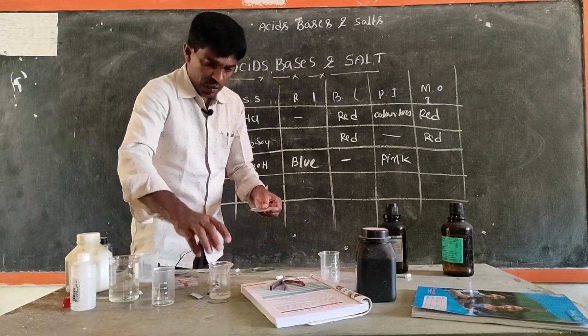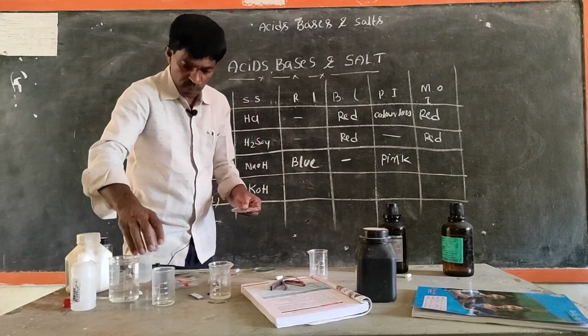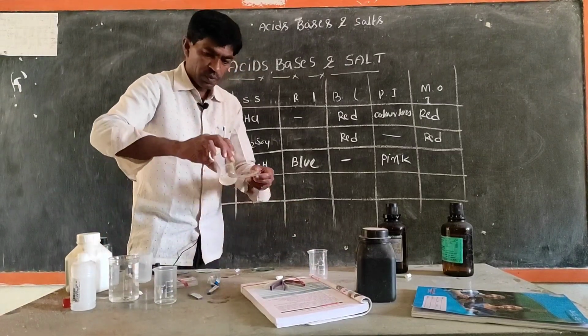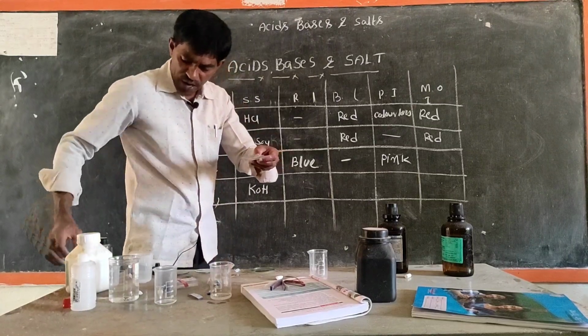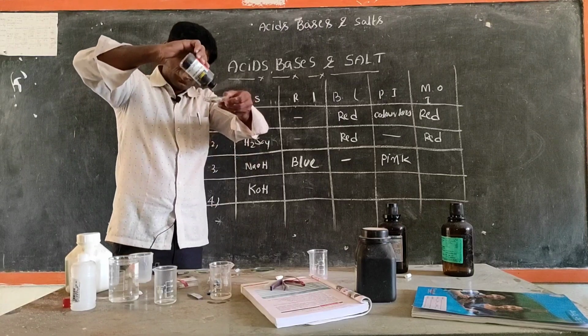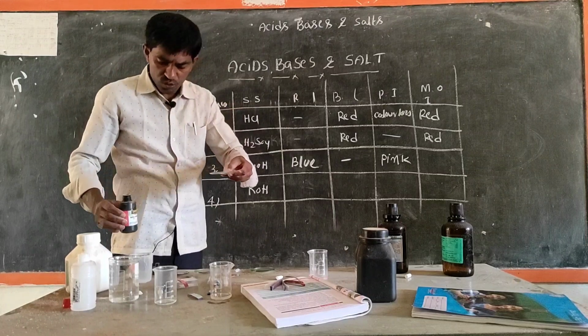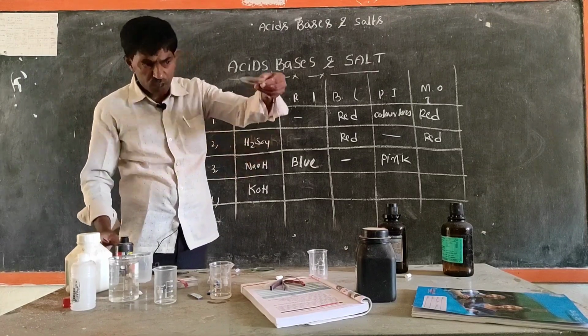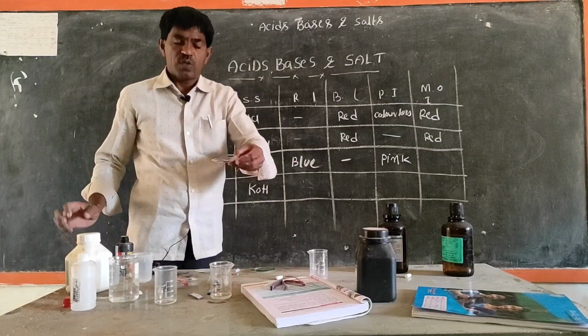Again take a little amount of basic solution into the watch glass and add a few drops of methyl orange. What do you observe? You observe a yellow color solution.